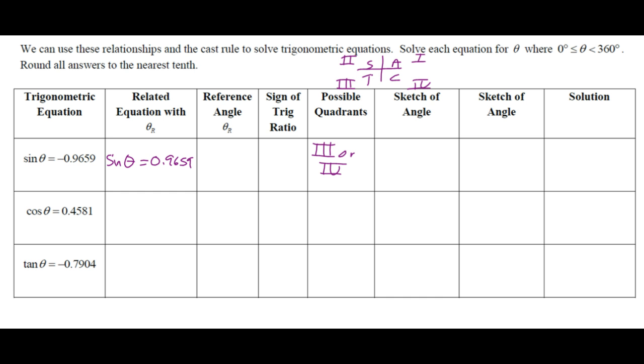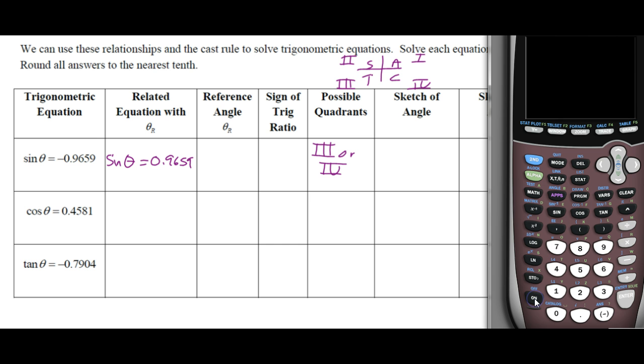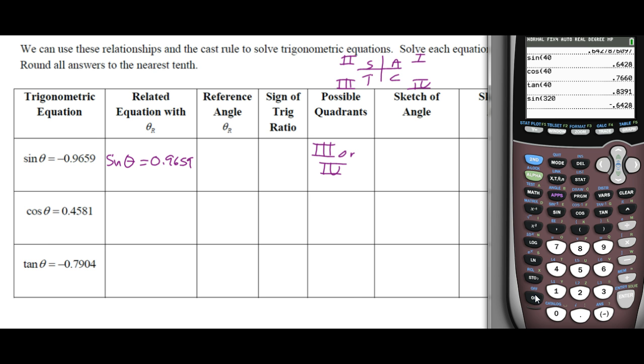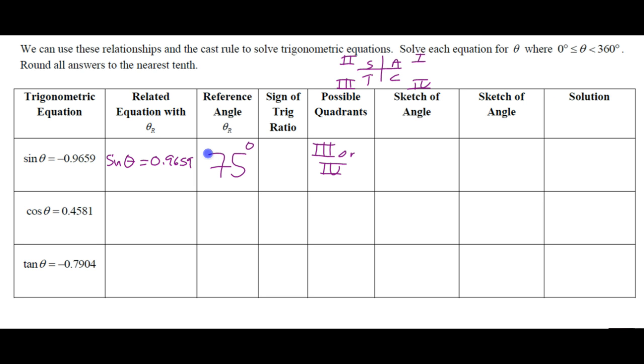So what is the reference angle? We use second function sine inverse. In other words, I'm saying you give to me the angle whose sine is 0.9659. And it says that angle is, rounded to the nearest degree, 75 degrees. So the reference angle theta r is positive 75 degrees.